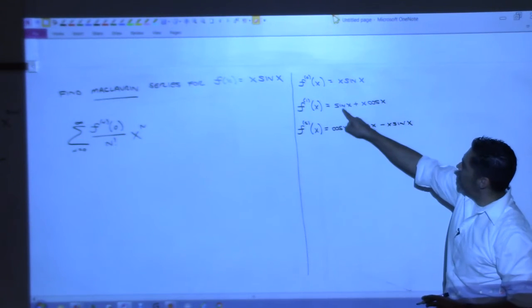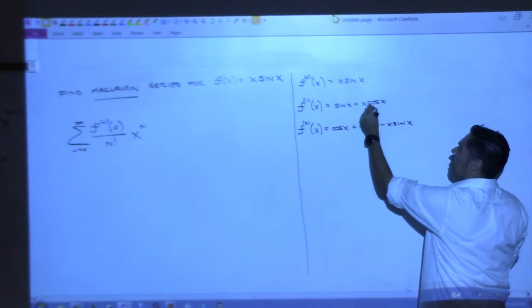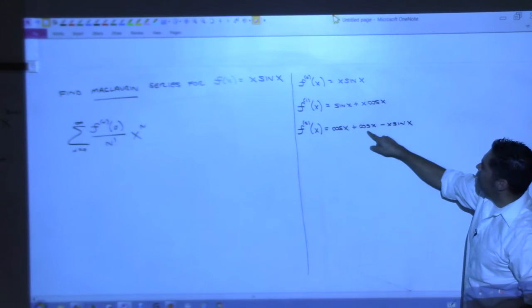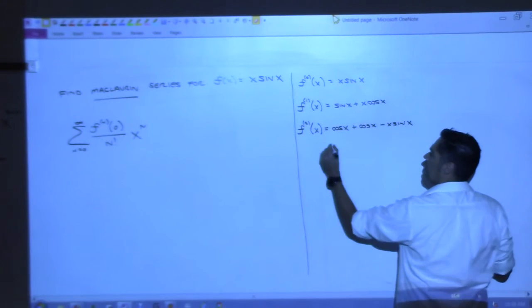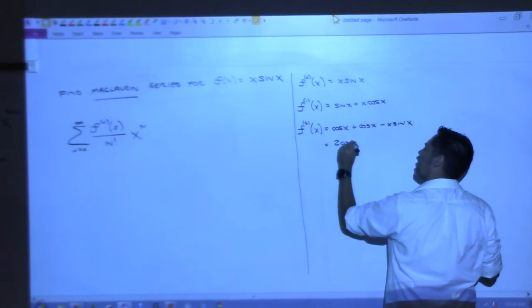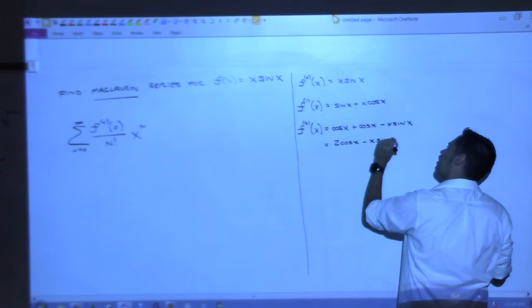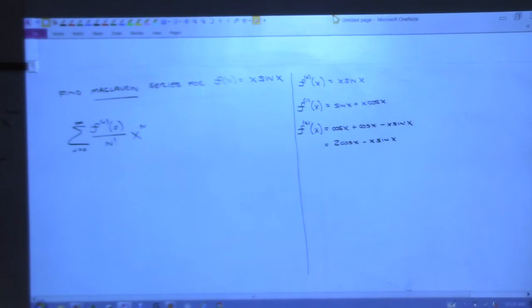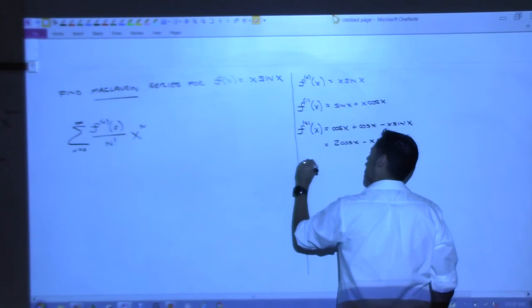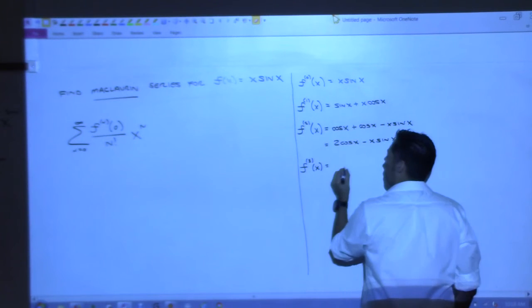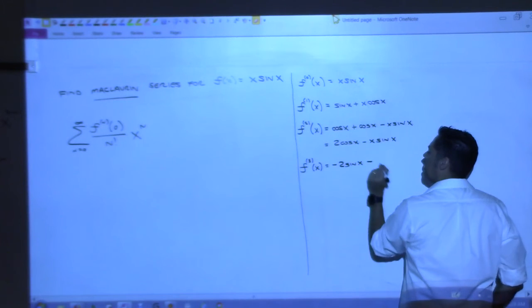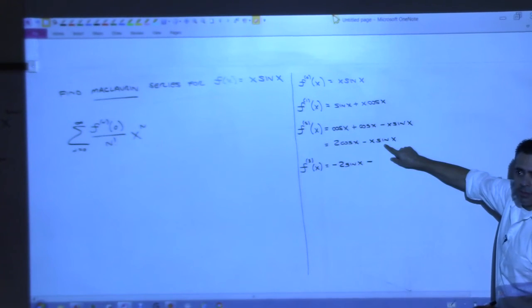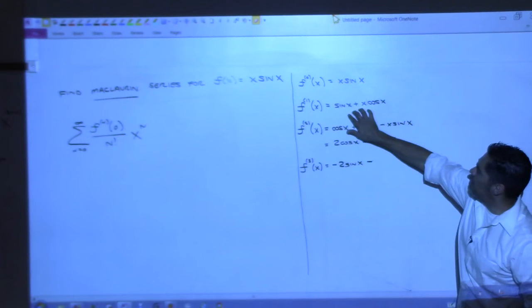So I did the derivative of this is this, product right here, derivative of that was 1 times that, and then derivative of that, which is negative sine x times that. Now before I take the derivative again, I'm going to clean this up. This is 2 cosine x minus x sine x. And we go again. What is the third derivative? That's going to become negative 2 sine x minus the derivative of x sine x, which we already did.